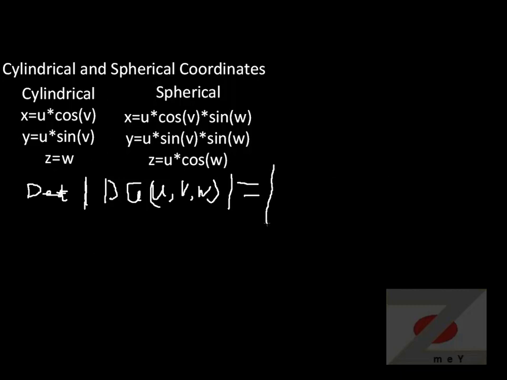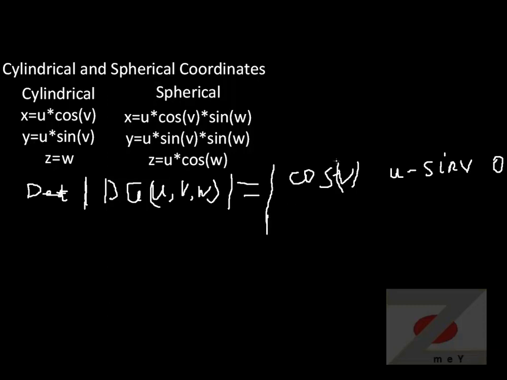So we're going to have 3 rows and 3 columns. x with respect to u is just cos v. x with respect to v is going to be negative u sine v. And x with respect to w is going to be 0. This is just our x derivative.